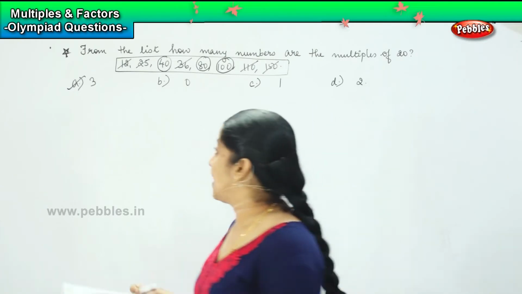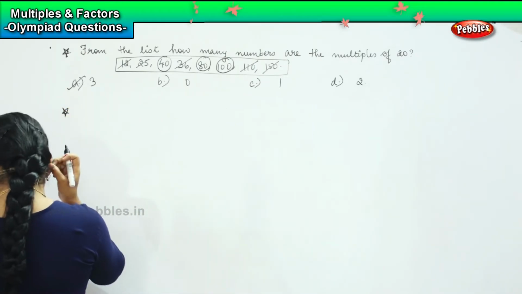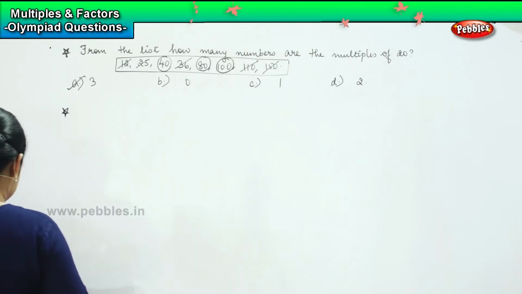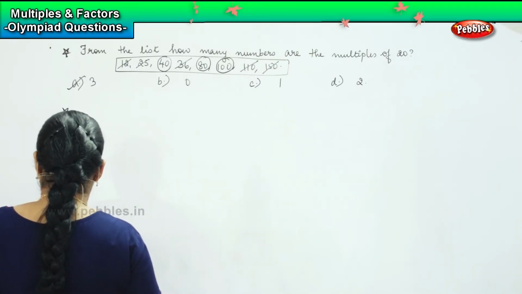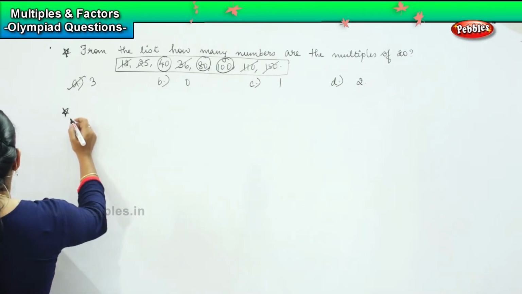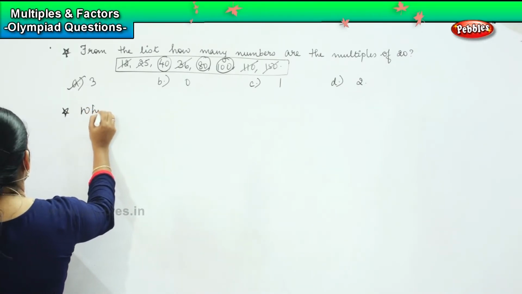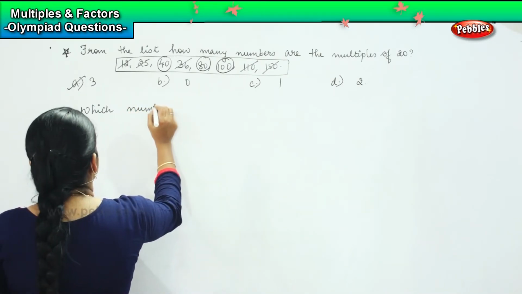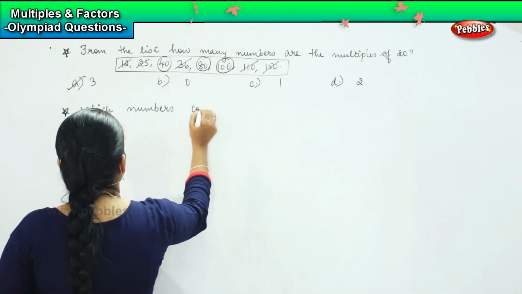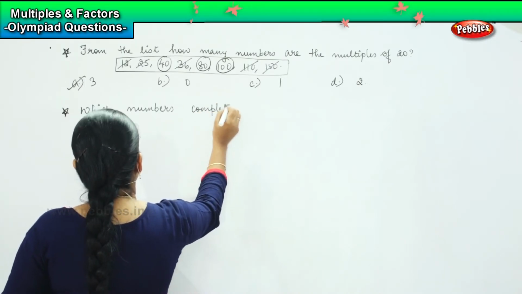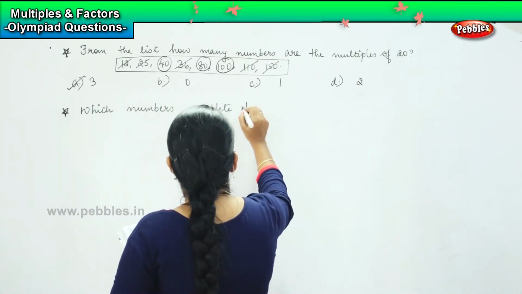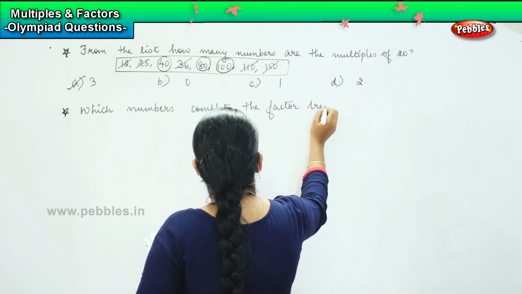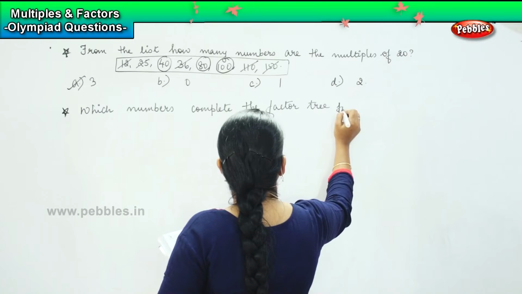Okay. So here is my next one. The question says, which number complete the factor tree for 88?